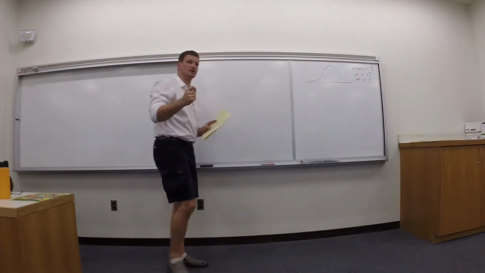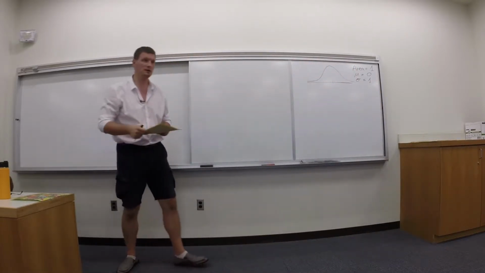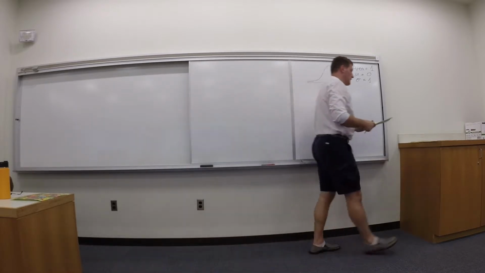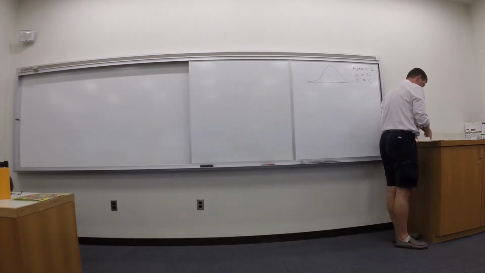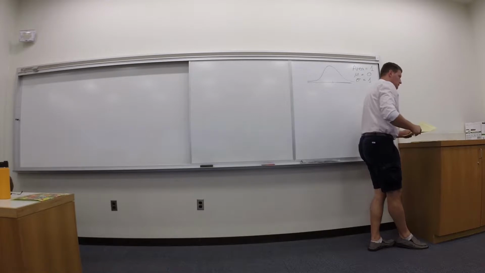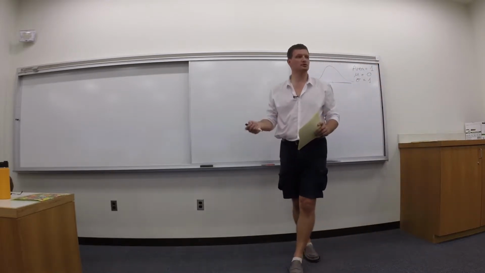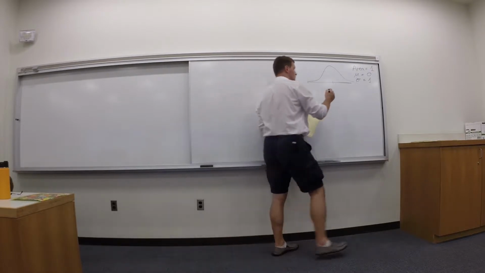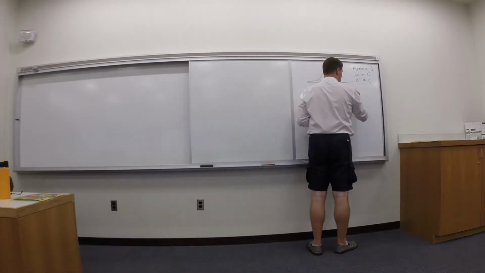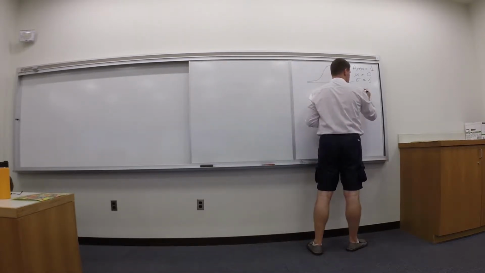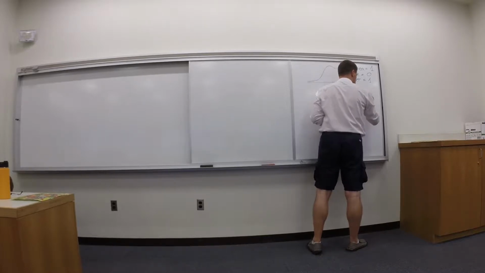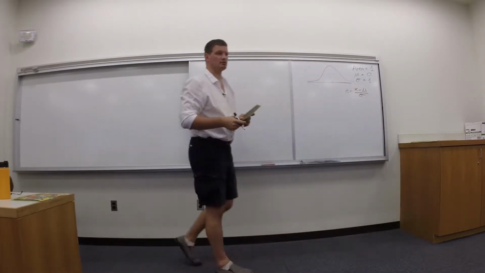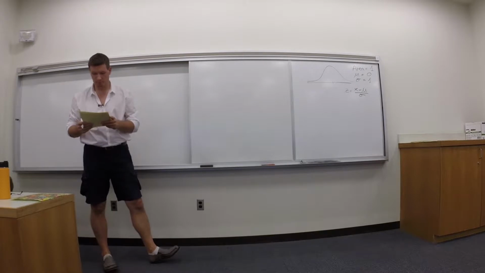We can force the area to be equal to 1. We can force the mean to be equal to 0 and the standard deviation to be equal to 1. And we do that all with a z-score, which is x minus mu divided by standard deviation. That was the big conclusion of Monday.